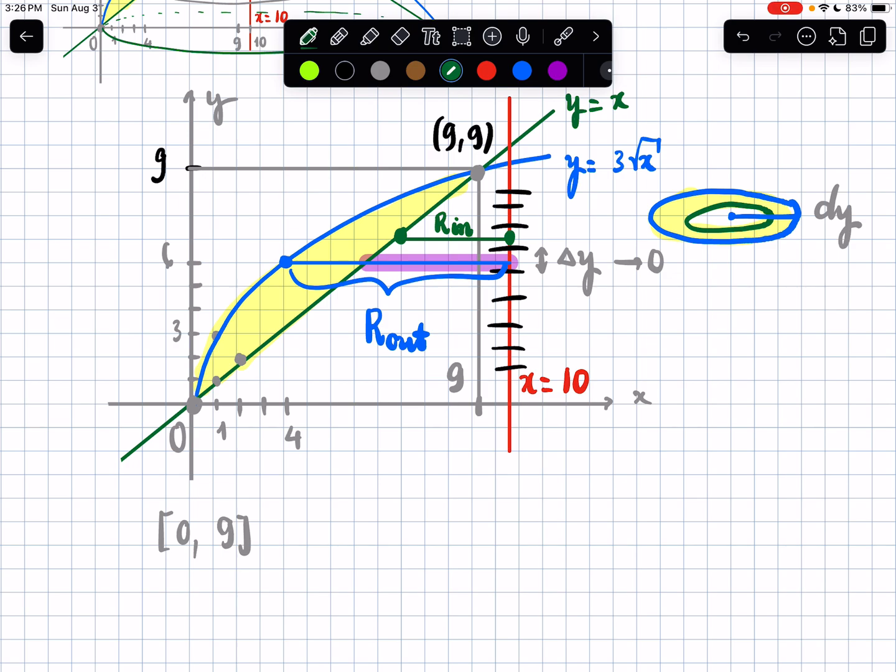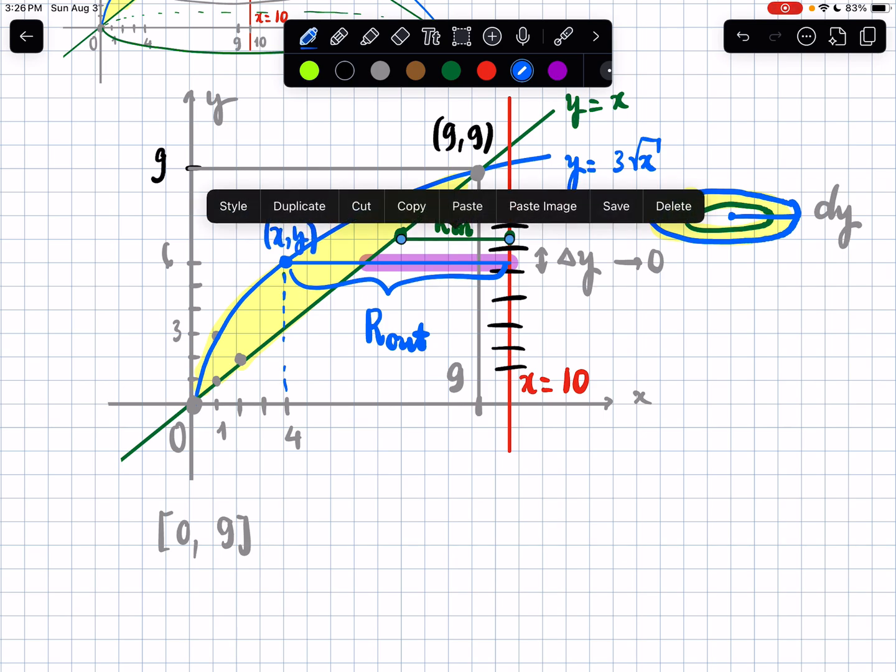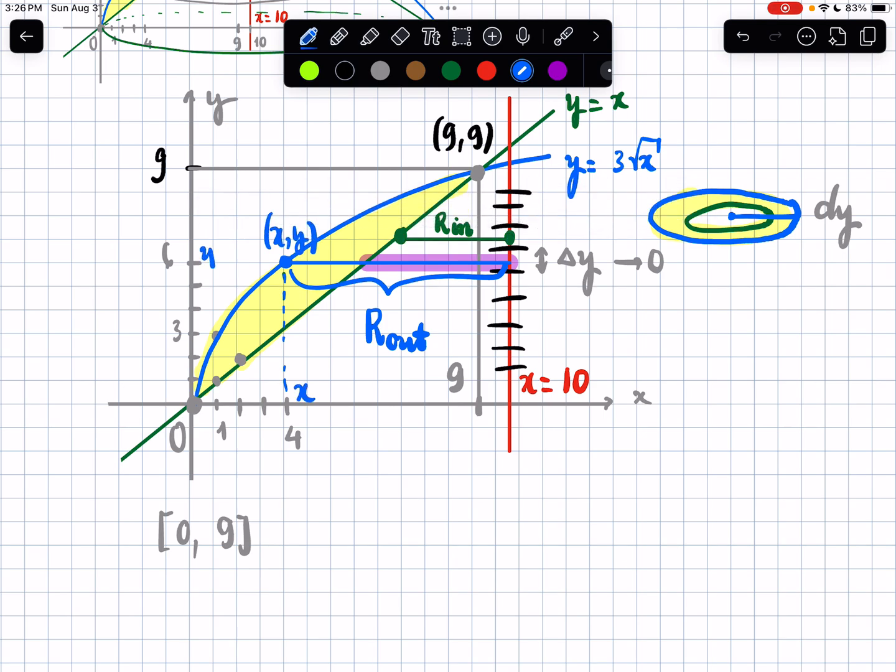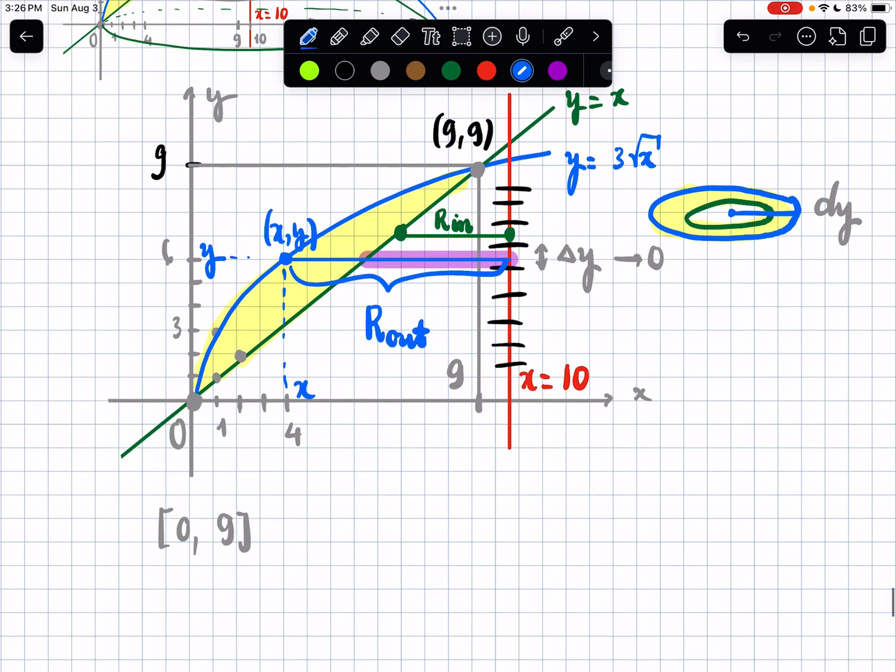So now let's compute the outer radius and inner radius. For every point here, of coordinates x, y, here's x, here's y. The outer radius is this distance from the point on the blue curve to the axis of revolution.